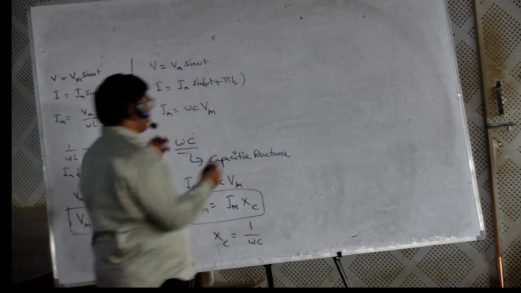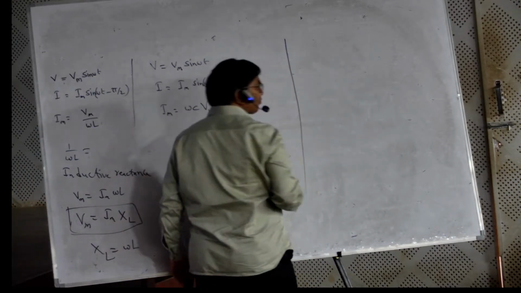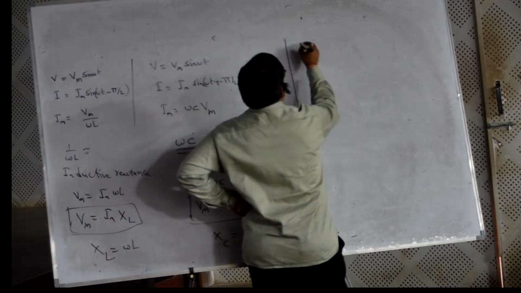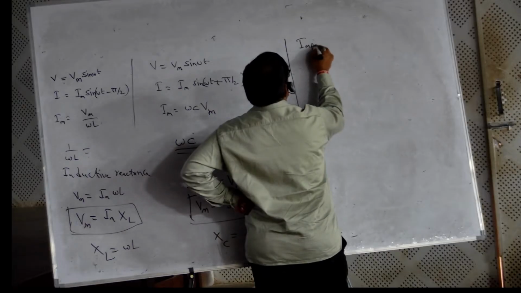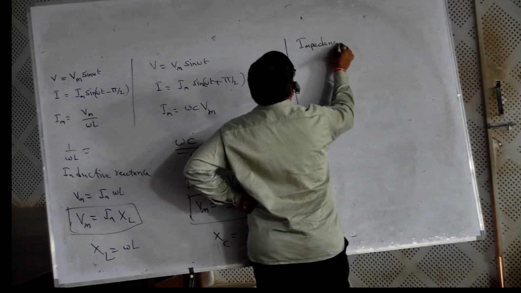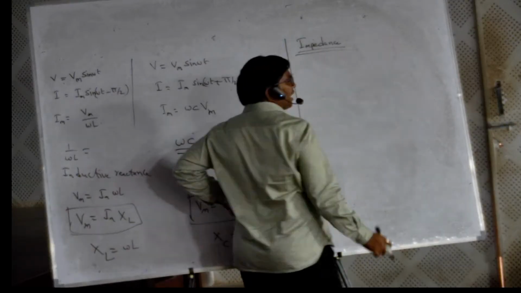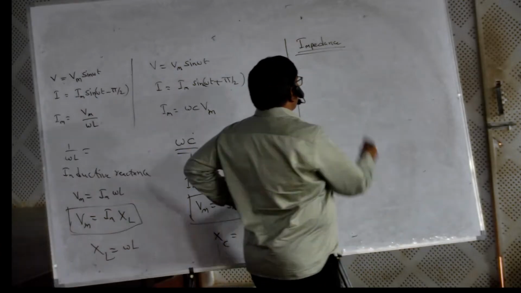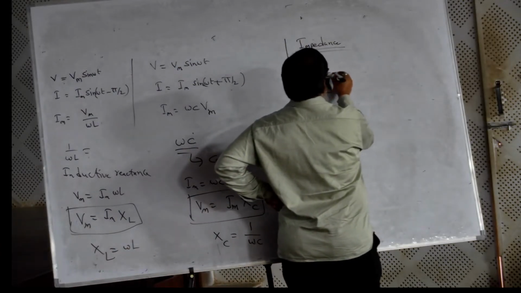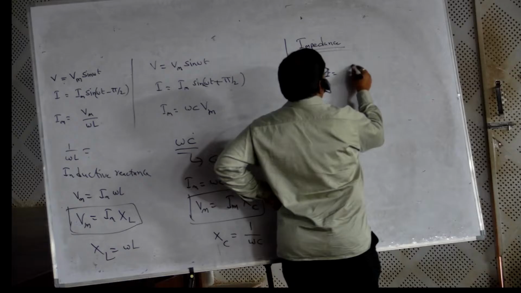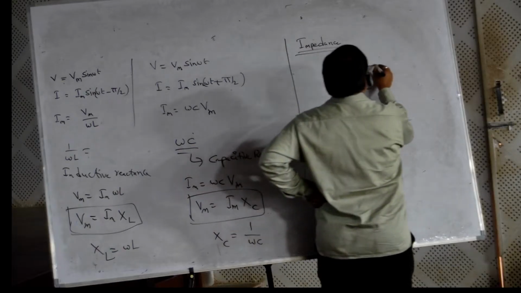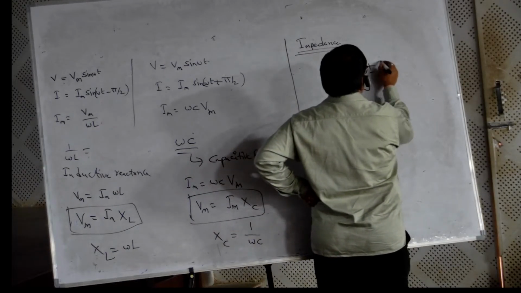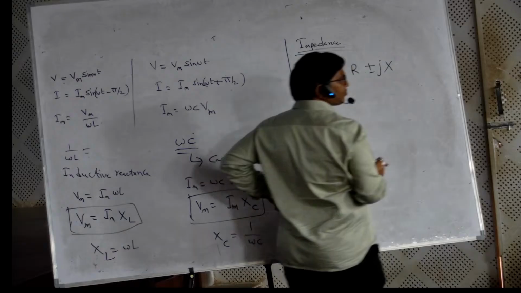Now, impedance. We always write impedance as Z is equal to R plus or minus jX.